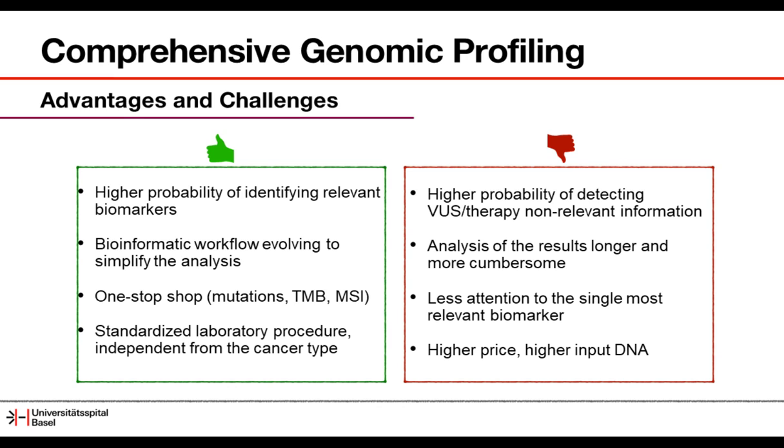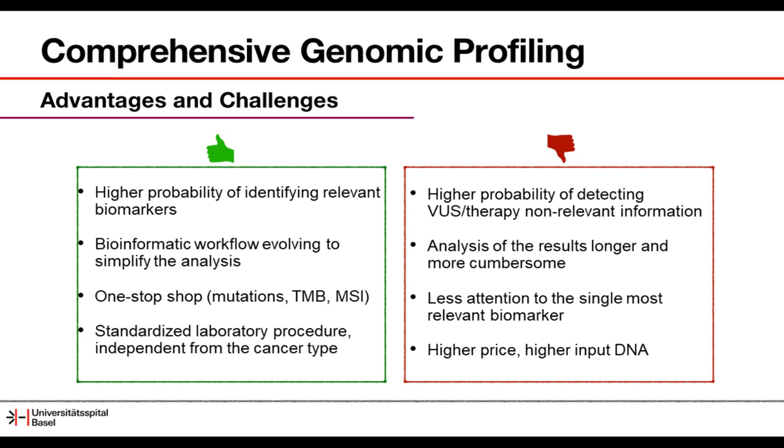The bioinformatic workflow is evolving to simplify the analysis. However, as I just said, the analysis of broad genomic profiling results can be cumbersome and much longer than for targeted and smaller next-generation sequencing assays. It is a one-stop shop option, so we can see genomic alterations as well as TMB and MSI status.